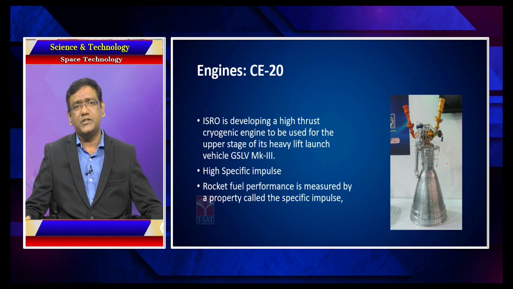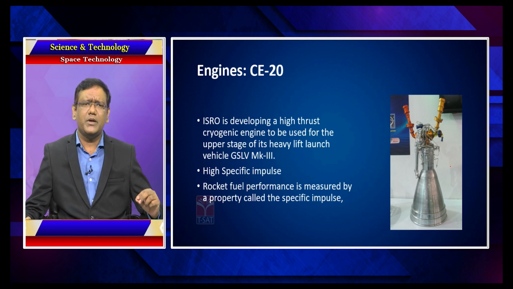And then another engine that we use is the cryogenic engine C20. This cryogenic engine is developed by ISRO. It is a liquid propellant engine. It is a high thrust cryogenic engine to be used for the upper stage of its heavy lift launch vehicle called GSLV Mk3. Since we are using liquid propellants, this has high specific impulse.